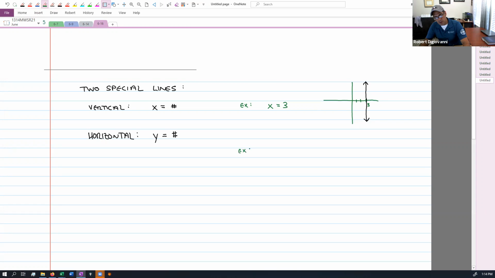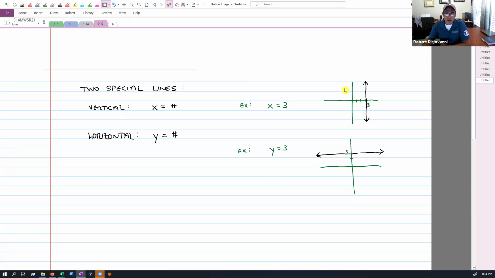Whereas with a horizontal line, let's say y equals 3, you go up 3 on your y-axis and you draw a horizontal line. So do vertical lines hit the x-axis? Yes, right?